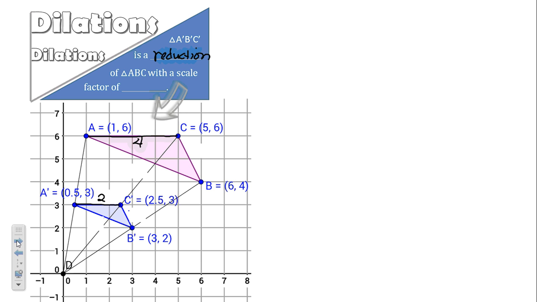We made it smaller. That means that we want to take the small segment over the large segment. Okay, my small segment is 2. My large segment is 4. So my scale factor is, reduce that ratio. What's 2 divided by 4? 1/2.